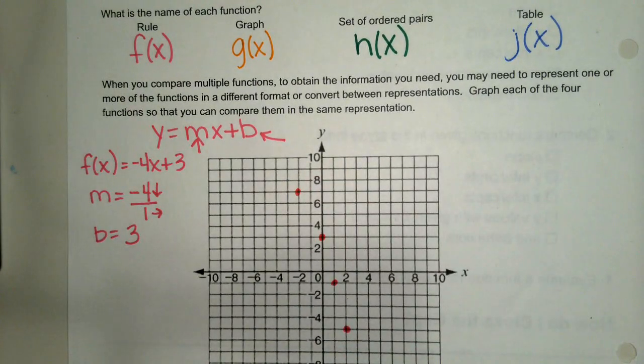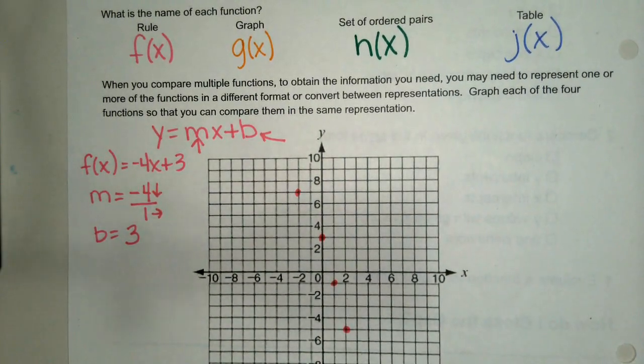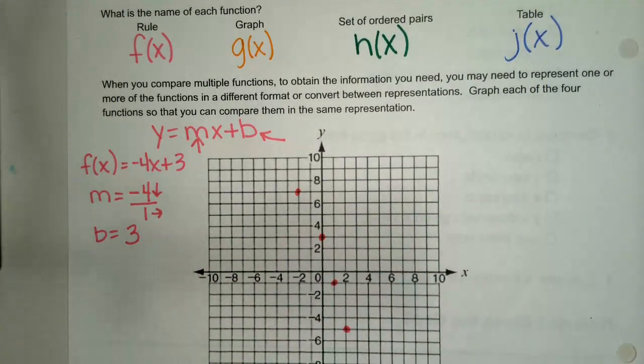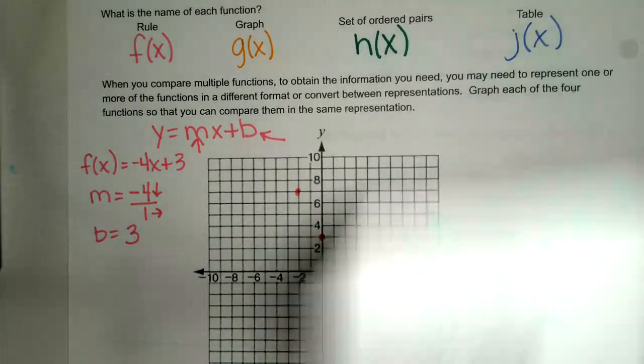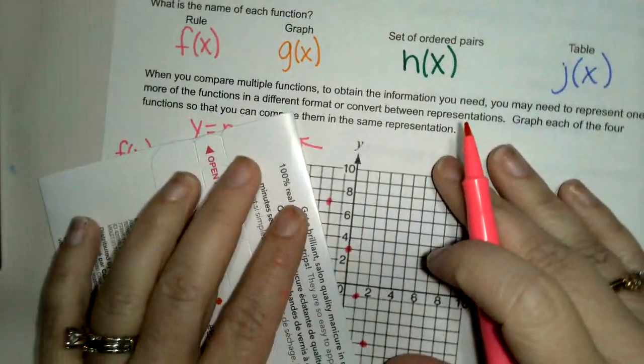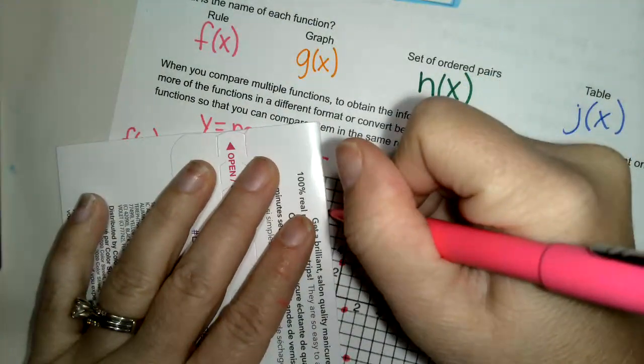All right, you need to grab any straight edge that you can find in order to draw a very good line. And today, I'm going to just use something that I have here quickly. And I'm going to draw that line.